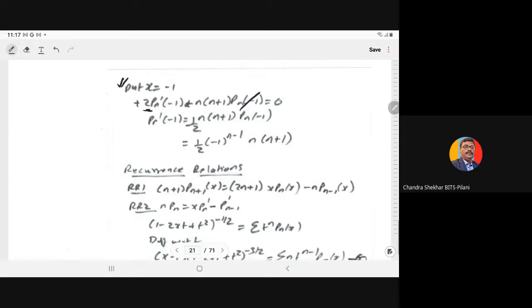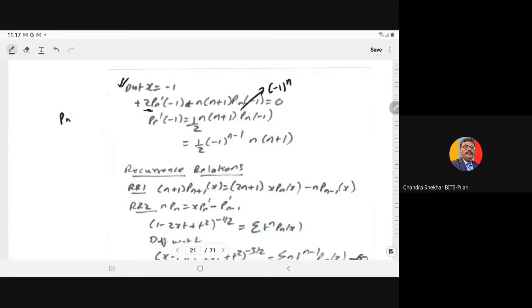And what is the value of Pn minus 1? That is minus 1 to power n. So it can be written as Pn dash minus 1 is equal to minus n into n plus 1, right, into minus 1 to power n into 2.